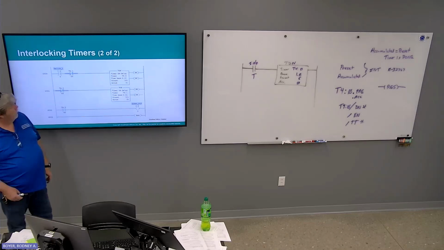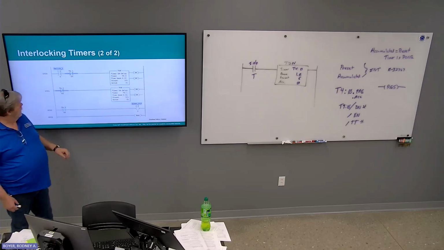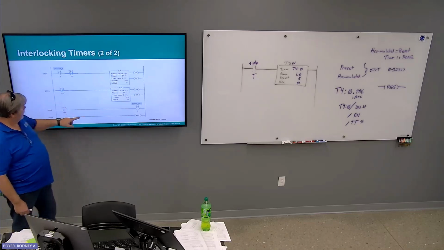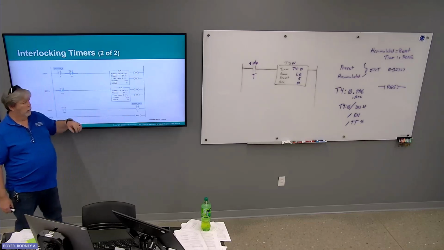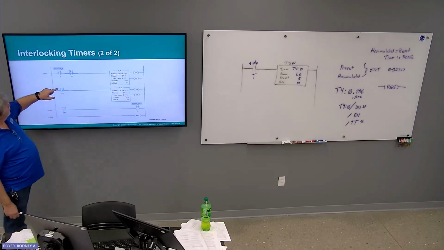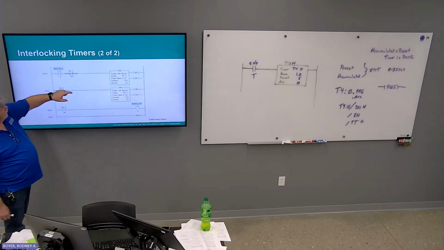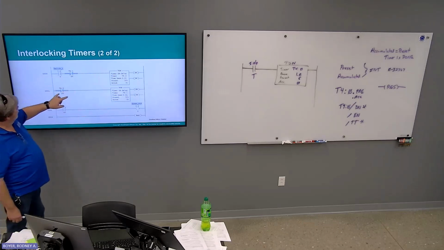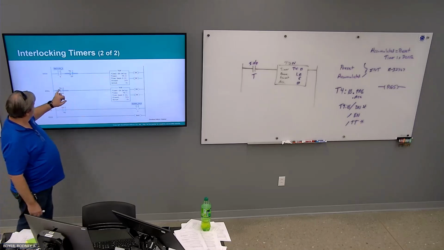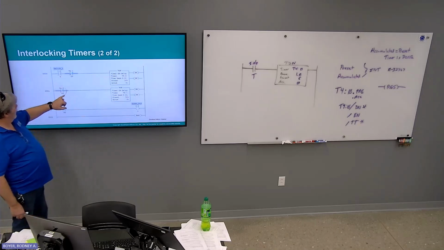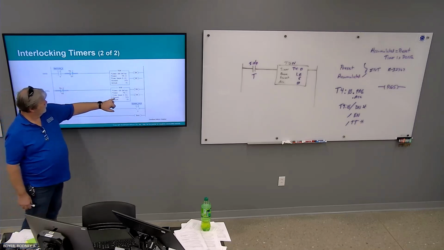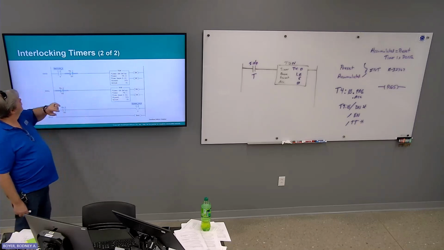Timer 0 is going to be timing, so while it is timing, the green light is on. When T4:0 gets done, it's no longer going to be timing, which will then evaluate as true, starting timer 1.